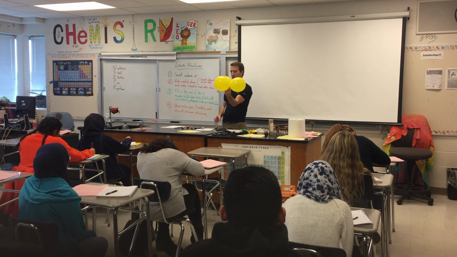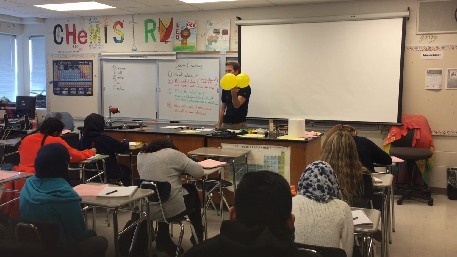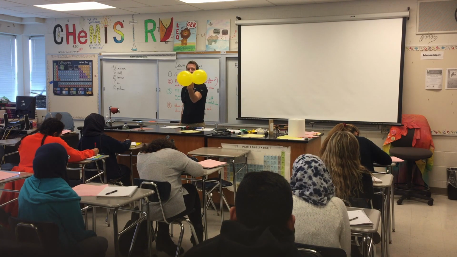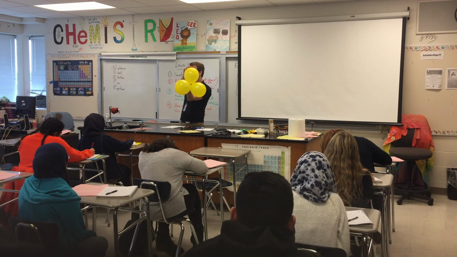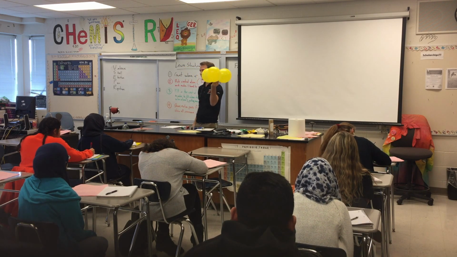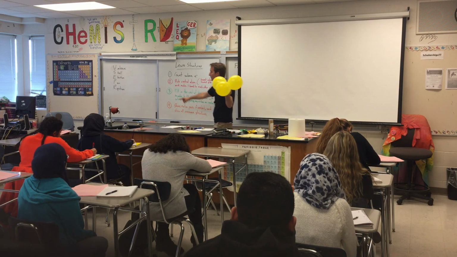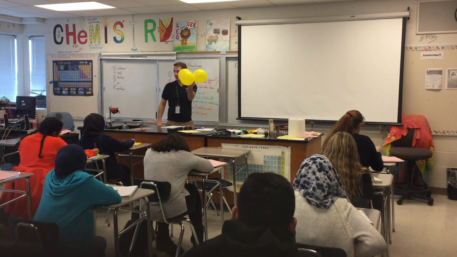Some molecules are 3D, but in this case, even if I try to move this one up, it's going to push the other ones back down, and they're still going to take that flat shape. The farthest the outer atoms can possibly be from each other to minimize the repulsion of their valence shells is to occupy the points on a triangle.